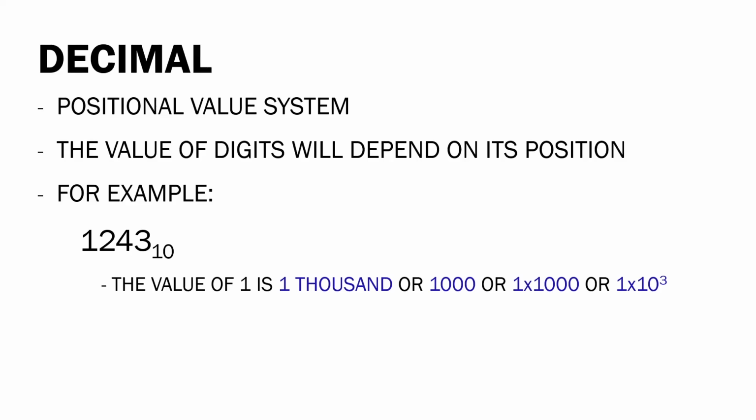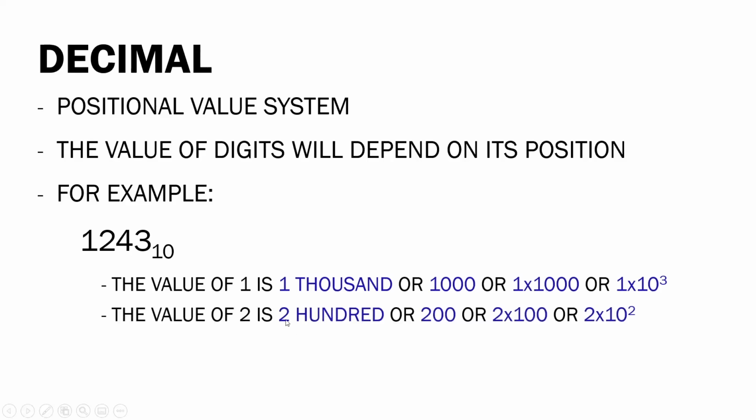So 1 times 1000. Next, the value of 2 is 200, or 2 times 100, or 2 times 10 raised to 2. 10 times 10 is equal to 100 times 2 is equal to 200.